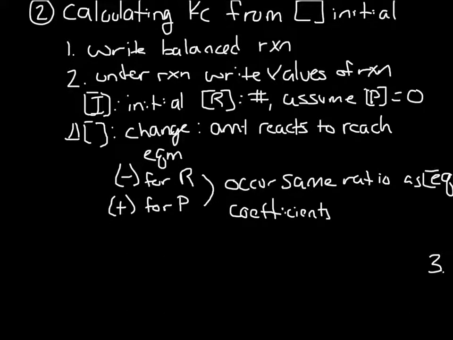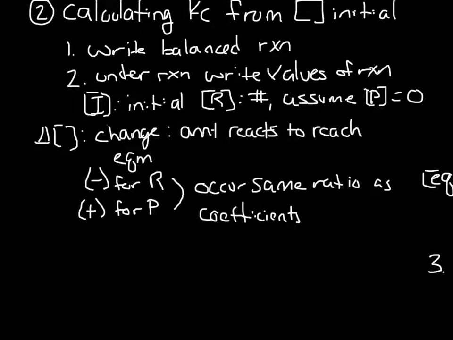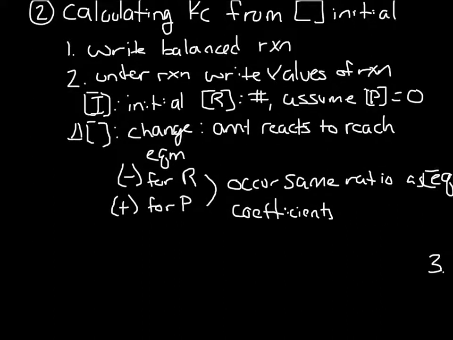So change in concentration is the change in the amounts of reactants to reach equilibrium. We change reactants by subtracting them because we're losing them, and we change products, or we add that number in for products because we're adding products into this equilibrium state. What we need to keep in mind is that they occur at the same ratio as the coefficients are represented.